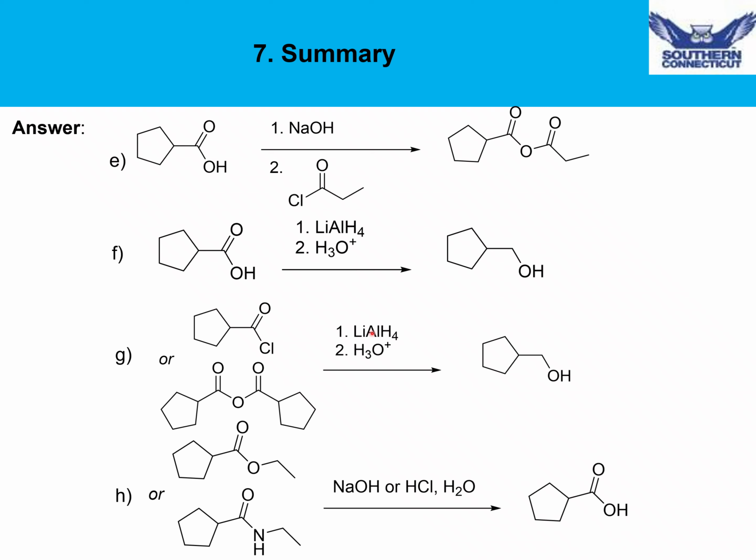Lithium aluminum hydride will reduce an acid chloride or an anhydride into a primary alcohol as well. Sodium hydroxide or HCl plus water will lead to the hydrolysis of an ester or an amide. For most esters and amides, we usually also have to heat the reaction, although it's not shown in this particular example.